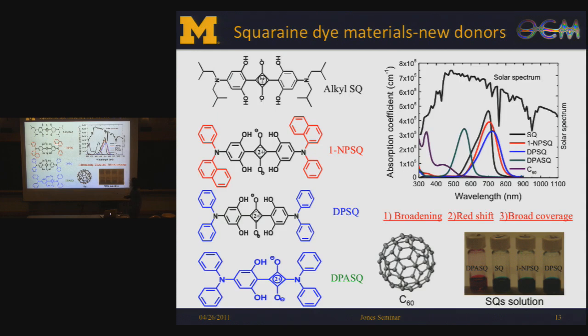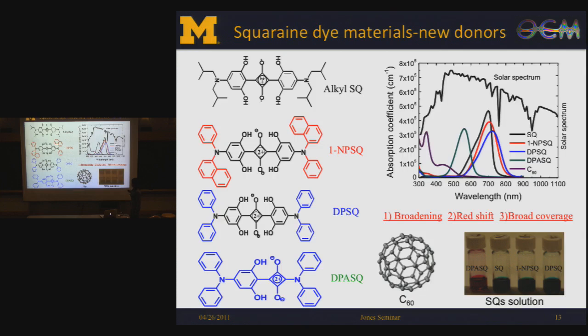The most interesting one is when we also make the parent squaraine asymmetric.